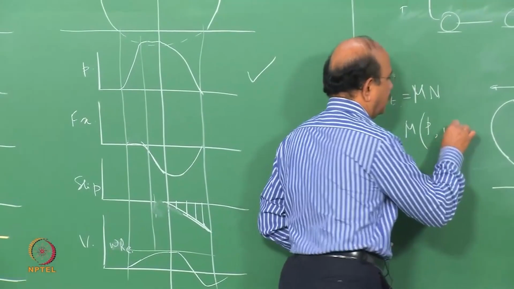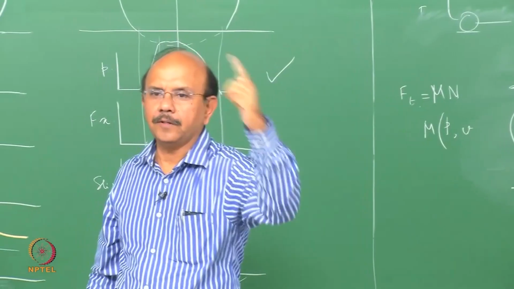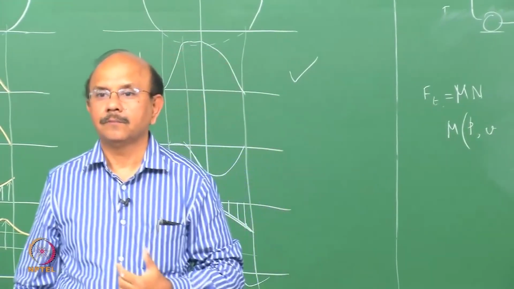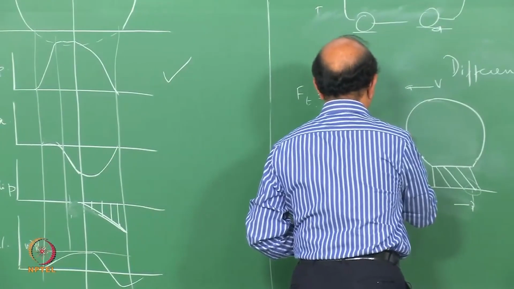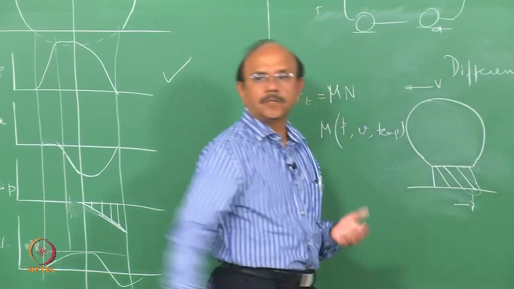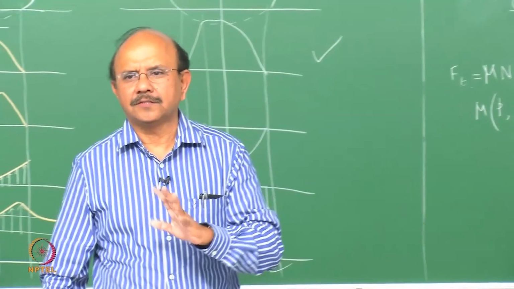Because V is proportional to omega of x, viscoelasticity, and so on. Temperature, very important, okay, and so on. But it's a very difficult factor to take into account these things.